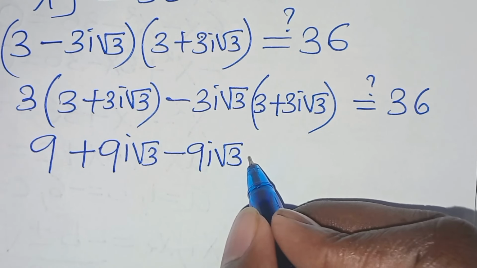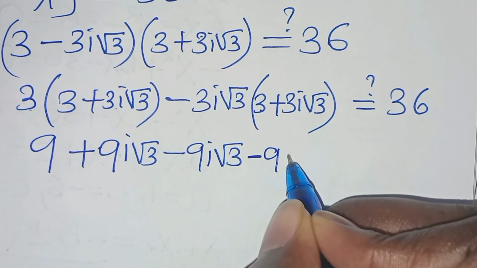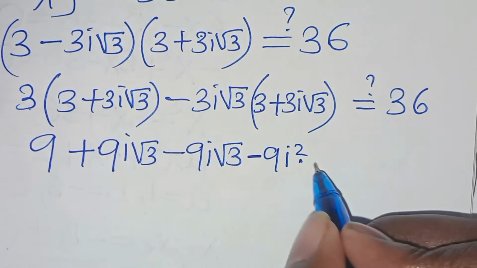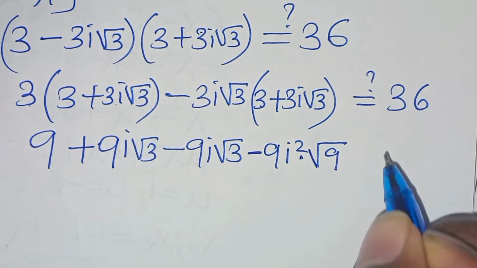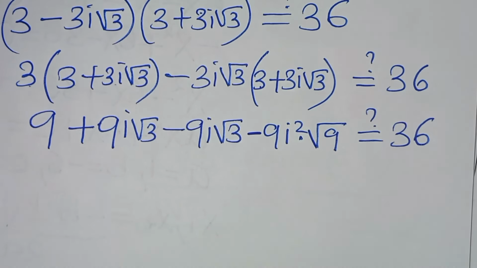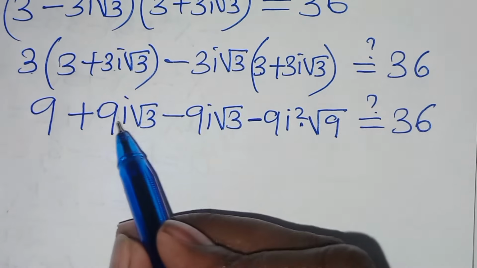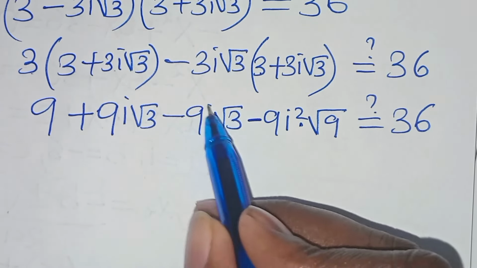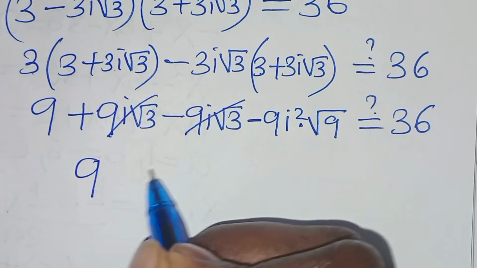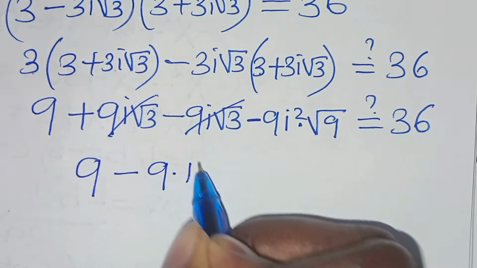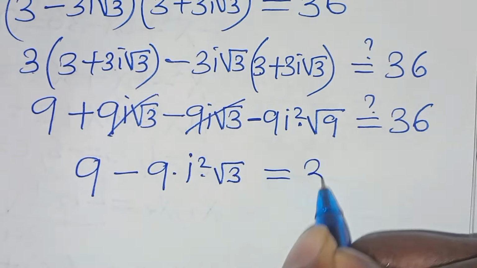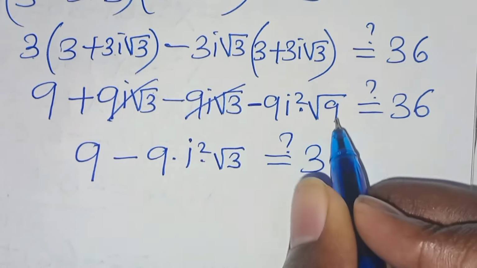First, this is equal to minus 9i squared, then times square root of 3 times square root of 3, which is equal to square root of 9. This should give us a value of 36. So this implies that 9i square root of 3 minus 9i square root of 3 simplifies, so that now we have 9 minus 9 times i squared times square root of 3. This should give us a value of 36.